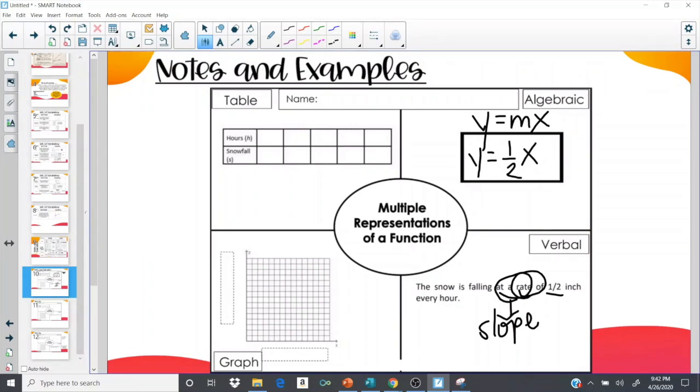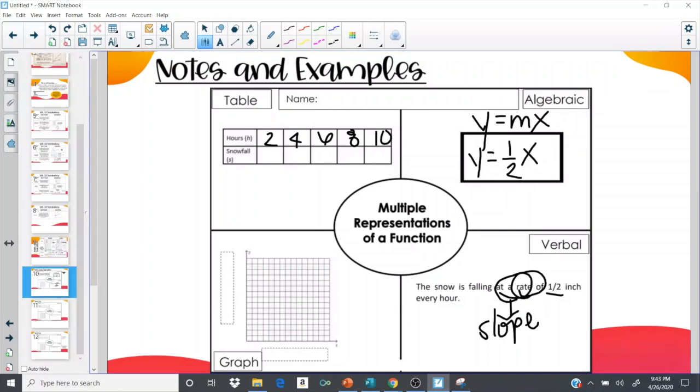From there, we can create a table to represent the relationship. I know every hour it is falling at a rate of, I'm sorry, 1/2 inch. So I'm going to pick even numbers, so when I graph it, it will be easier.